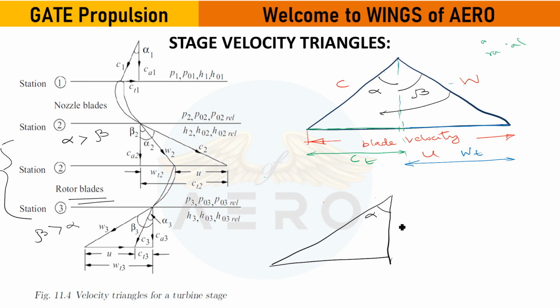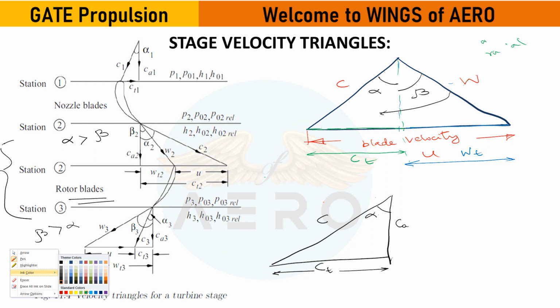So this alpha, this is my axial velocity, this is my C, the absolute velocity, and this is my absolute tangential velocity, from here to here. Fine. Any confusion till now? I have just drawn half of it. Is it clear to everyone?